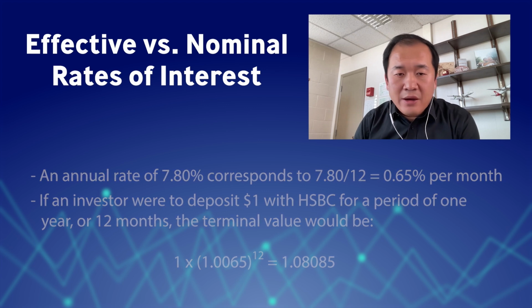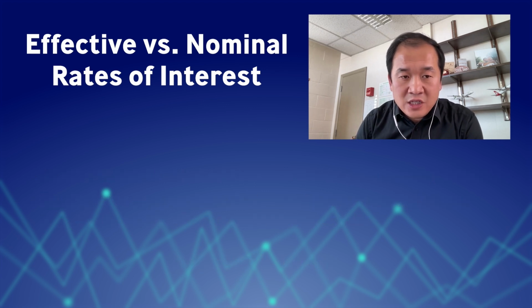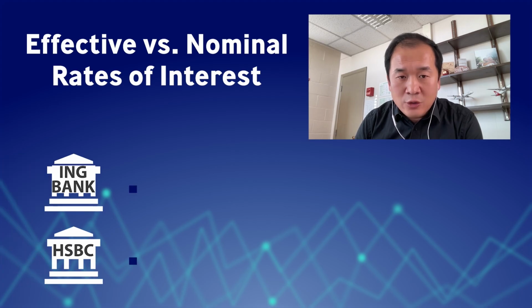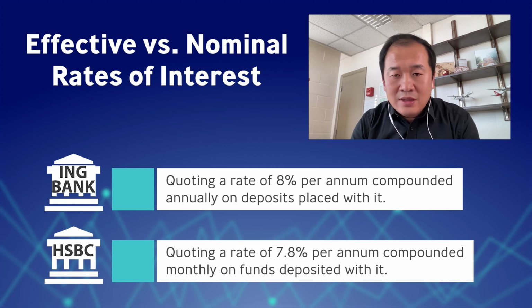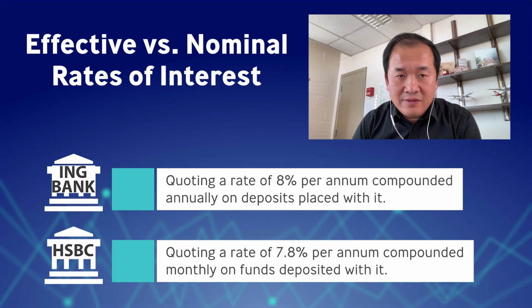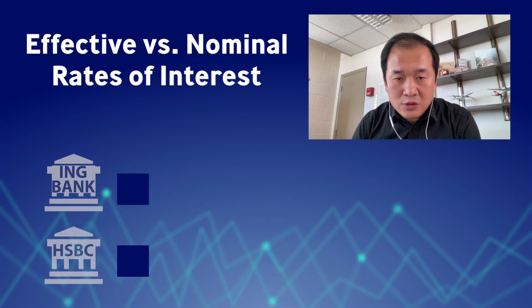So if you compare the effective rate of HSBC's product with the effective rate of ING Bank, you realize that the actual return of HSBC will be higher than ING, even though the nominal rate of return of HSBC is only 7.8%, while ING is 8%. This very well explains the difference between the so-called effective and nominal rate of interest.